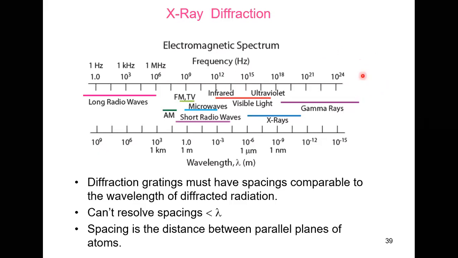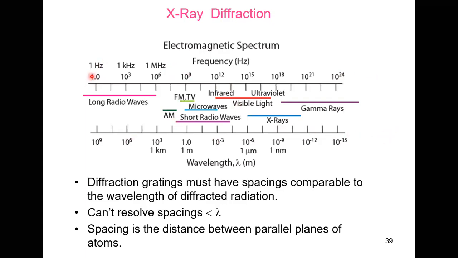Now, to see the inside of the material, this is the whole electromagnetic spectrum, starting from 1 hertz to 10 to the power 24 hertz. That means starting from long radio waves to gamma rays. The top scale is the frequency, and the bottom scale is the wavelength.